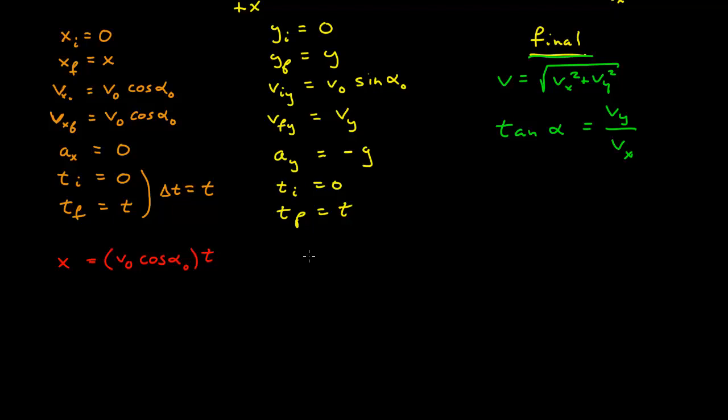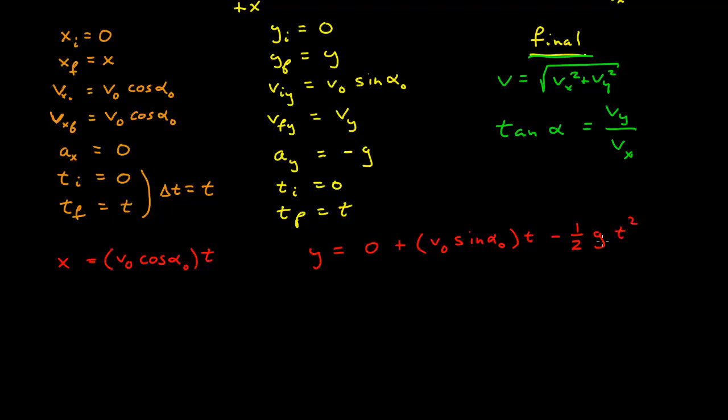Now in the y dimension, our final y, which we just call y, is equal to the initial y, which is 0, plus the y component of the initial velocity, which is v naught sine of alpha naught times time, minus 1/2 g t squared.